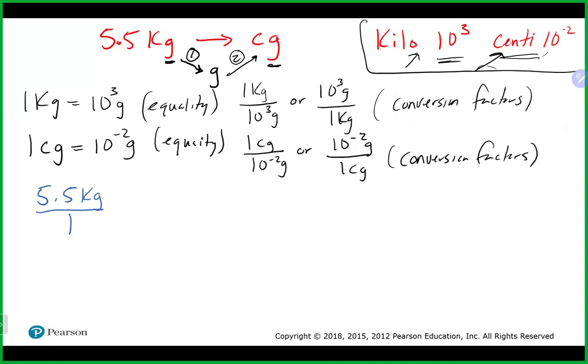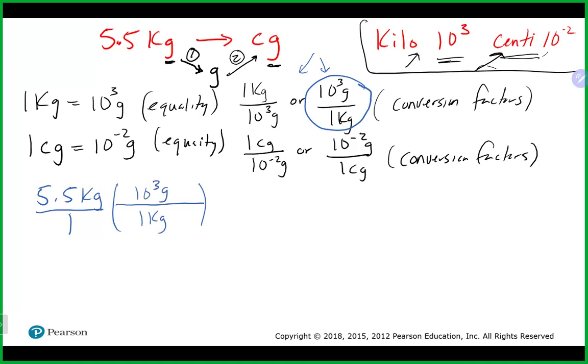I need to get rid of them. Dimensional analysis tells me opposite does that. So should I use the conversion factor up here on the left or on the right? Which one should I use? I should use the one on the right, as that puts kilograms in the opposite location, which is on the bottom. So we're going to do our little setup here showing that 1 kilogram on the bottom, 10 to the 3 grams up on top.